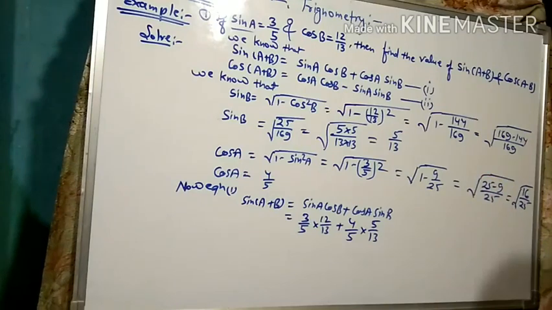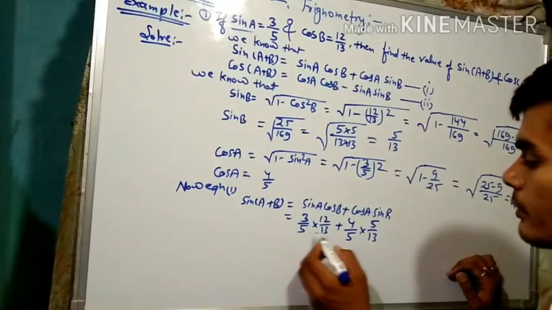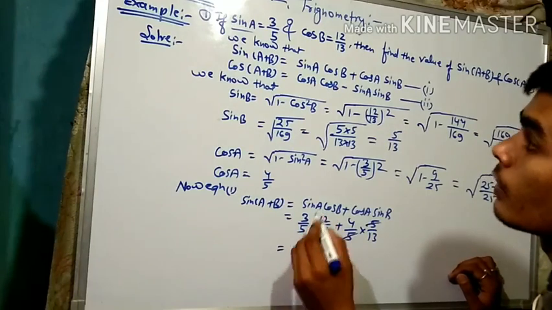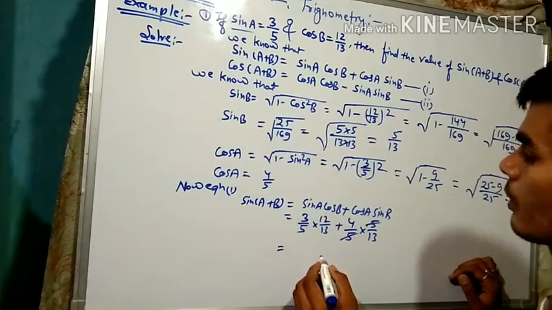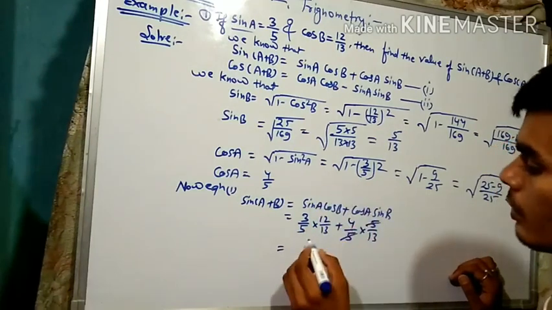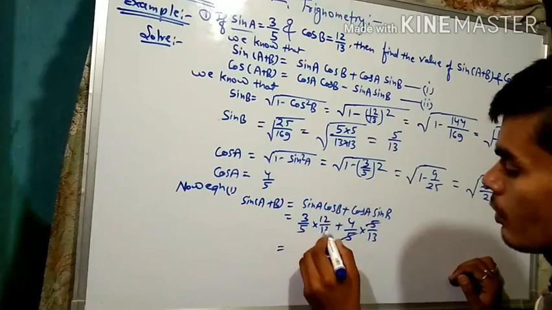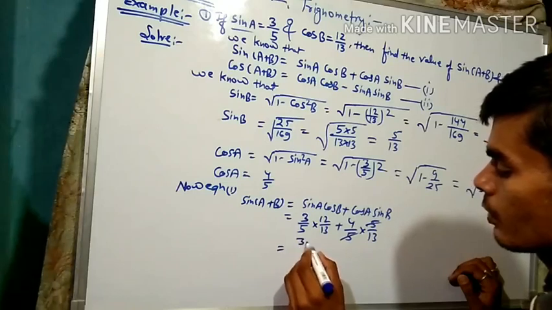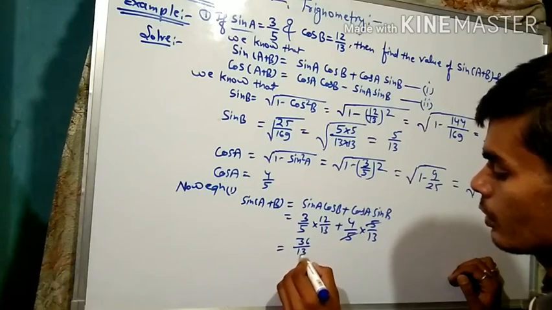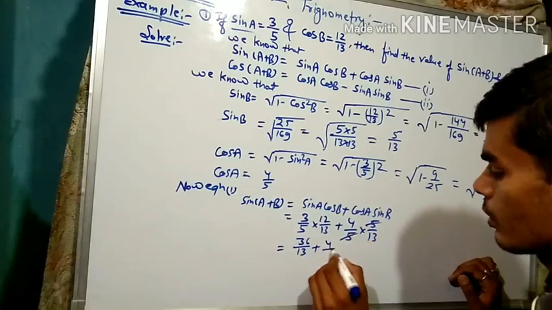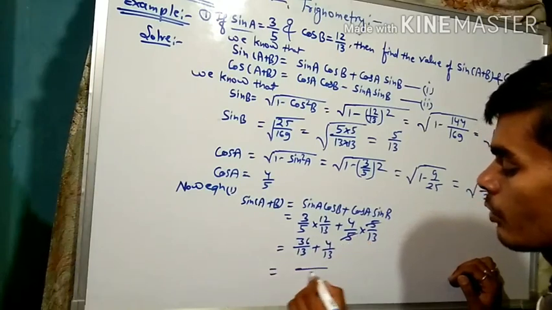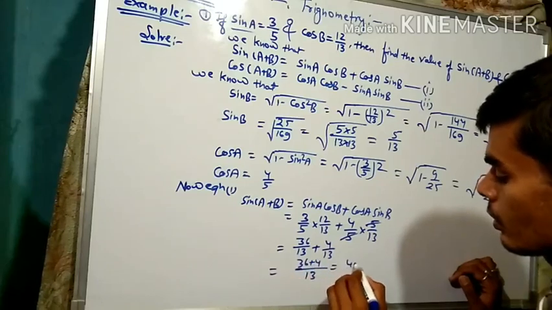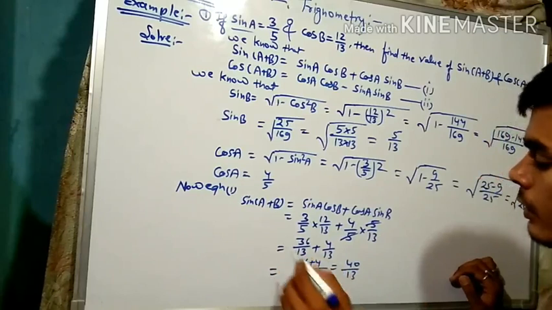Now we come to the next step. Cancel out, 3 by 5 times 12 by 13, and so on. Now take the LCM, and the value of sin(A+B) comes out to 14 by 30.